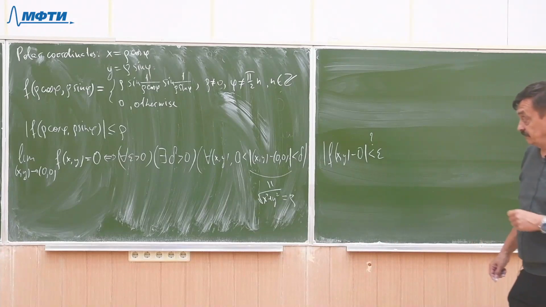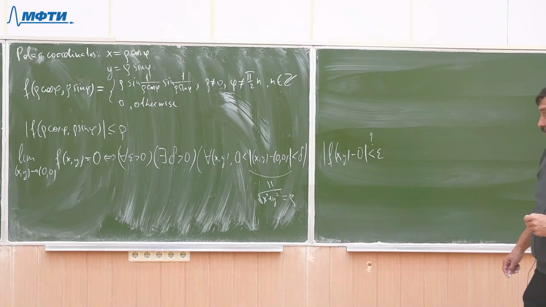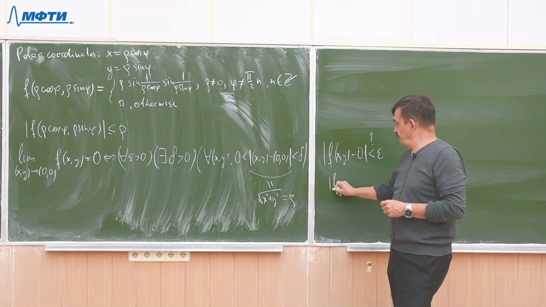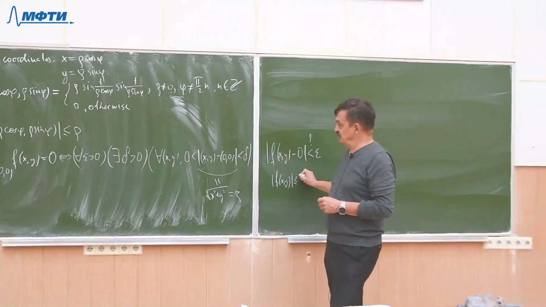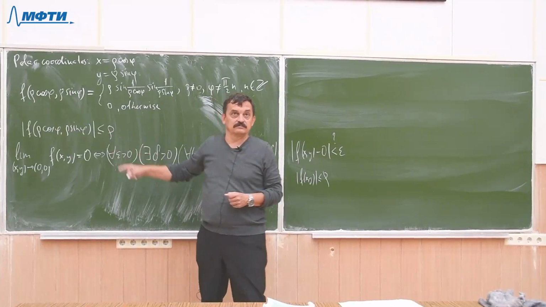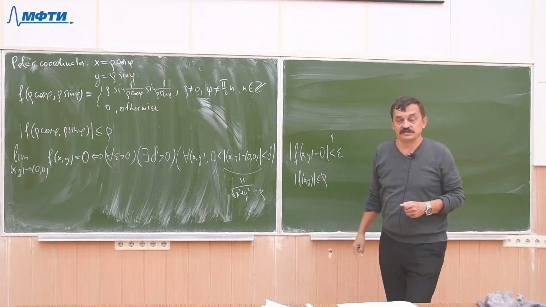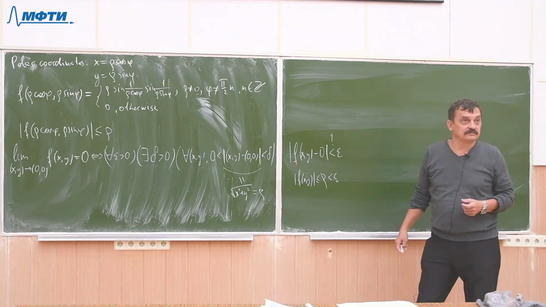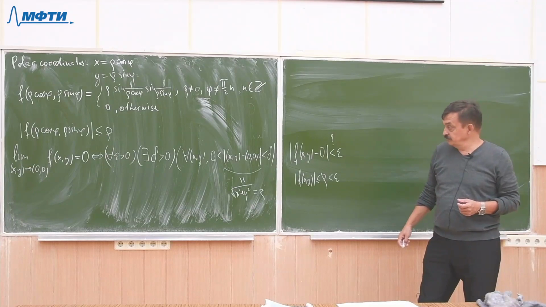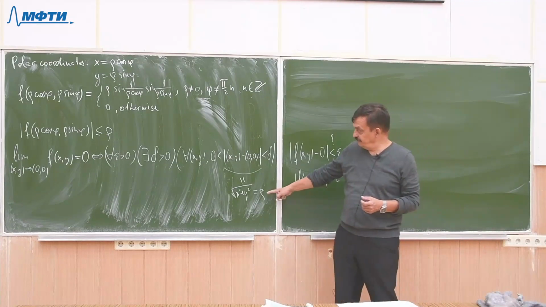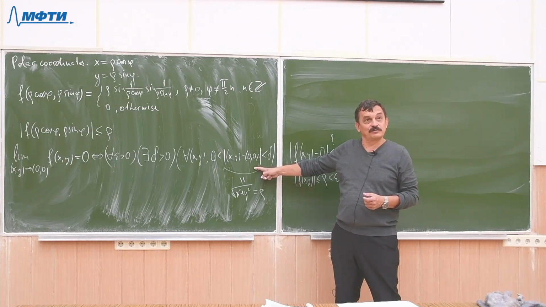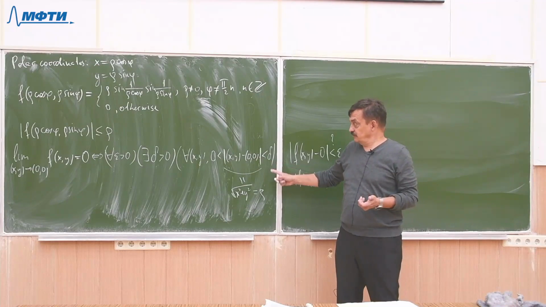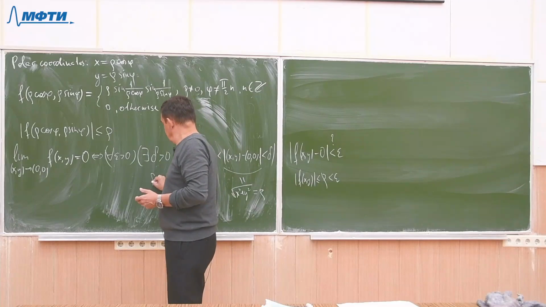So, now look. Here I have the estimate, you see, modulus of f of x, y is less than or equal to rho, right? We proved it just now. So I want to have it less than epsilon. When will it be true? If, look, what I should suppose, rho less than delta, right? So I can choose delta equal to epsilon, right?